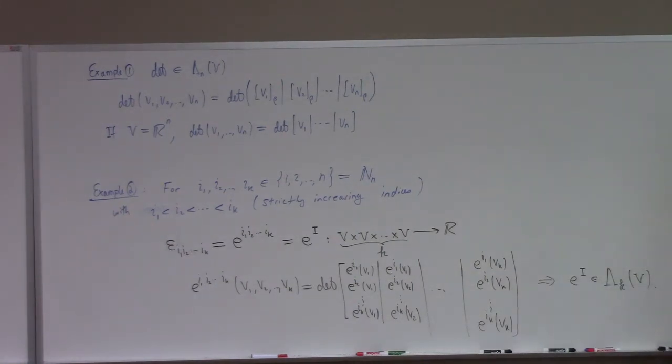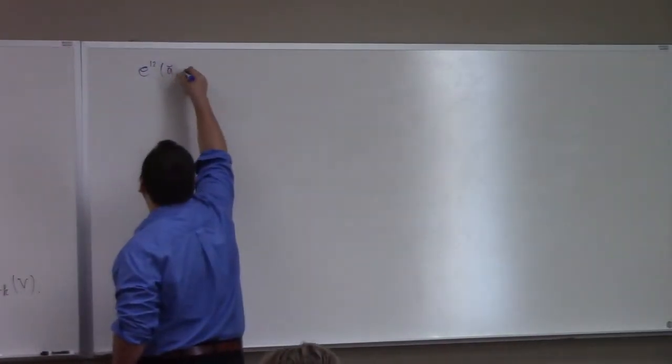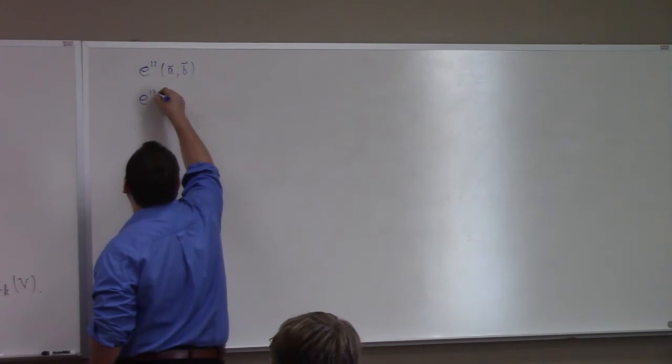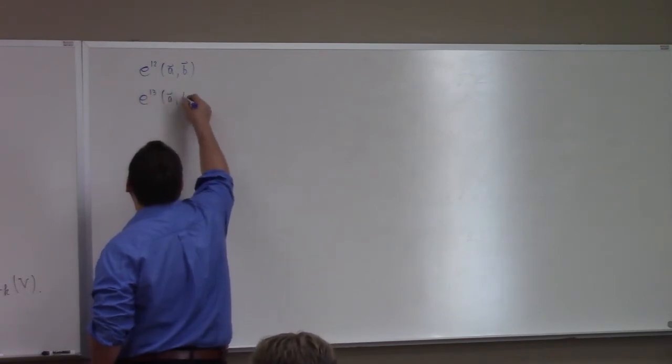So let me show you what I was talking about. I thought maybe this is a way we can study linear dependence of vectors. It's kind of an interesting bit of linear algebra, right? So we could look at E12 of AB. We could look at E13 of AB.